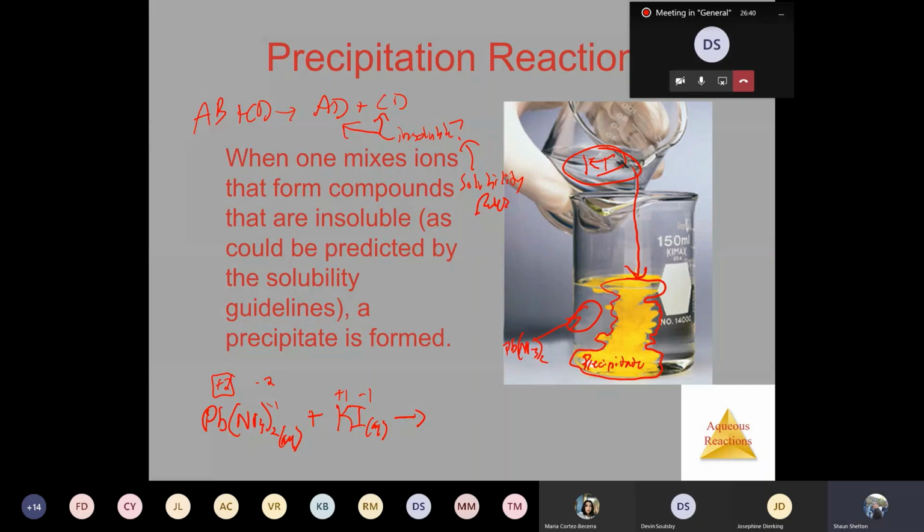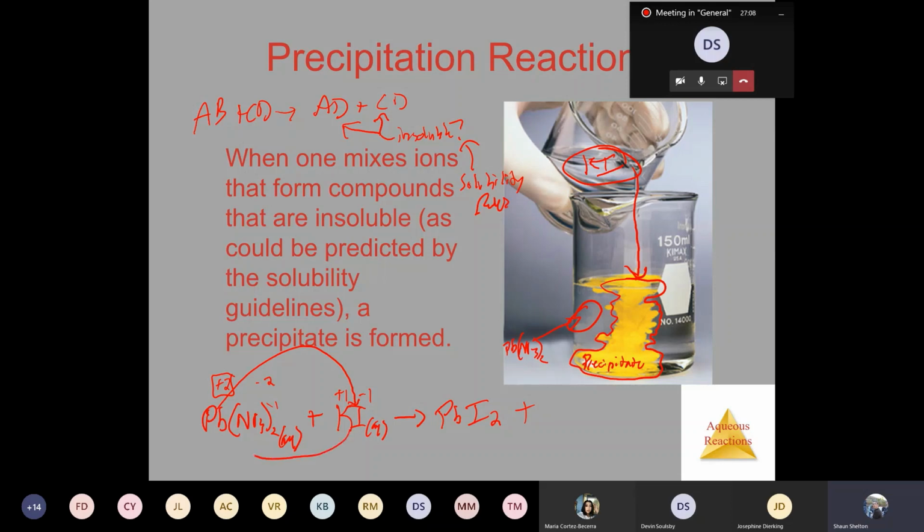Now we're going to take the replacement part. The Pb goes to the iodine, so it forms PbI. Now, lead was +2. The iodine is -1. That means that you need 2 iodines. Now, we look at the second product.